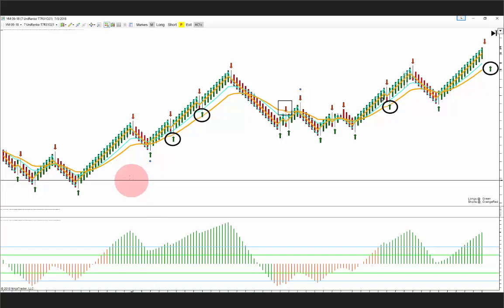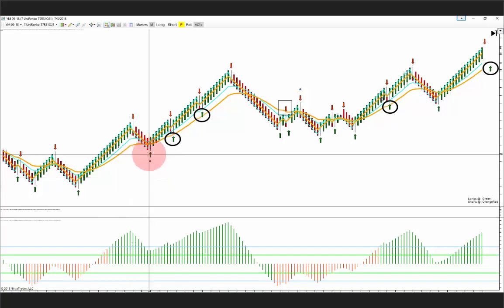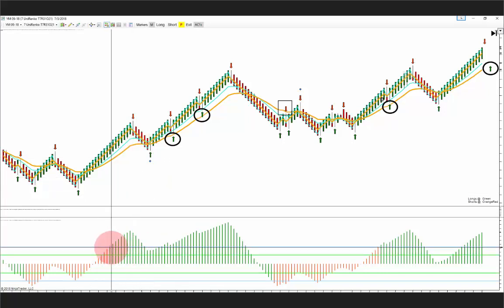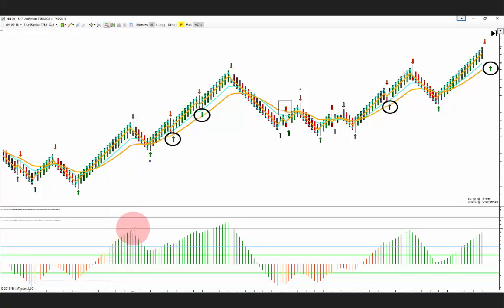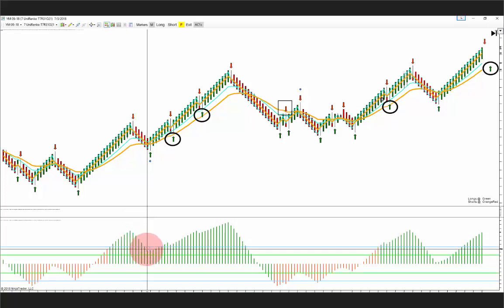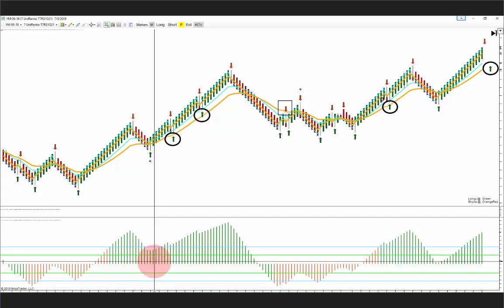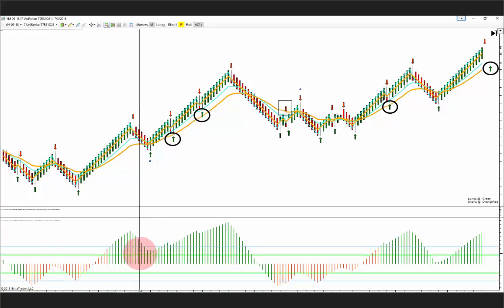And basically what the second trade is, every time the histogram gets above the line and then dips back below the line, if I get a buy signal prior to falling below the green line, I want to take it. So you see the secondary level.